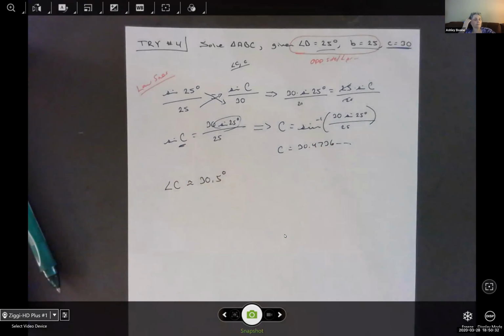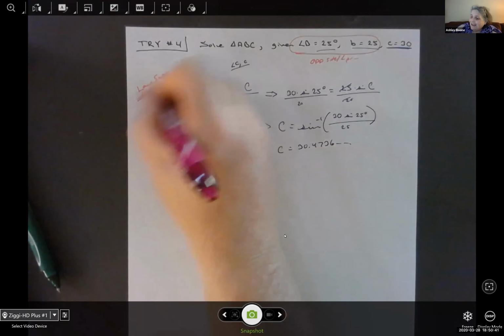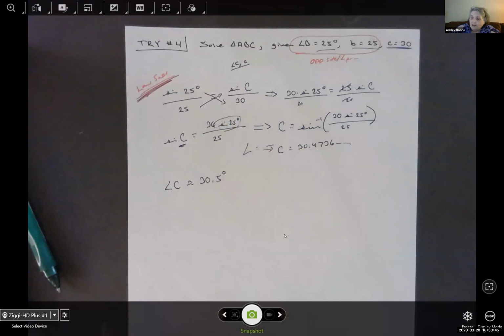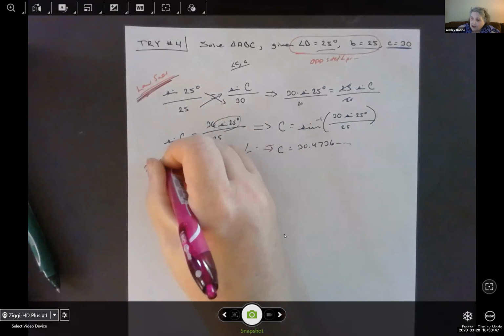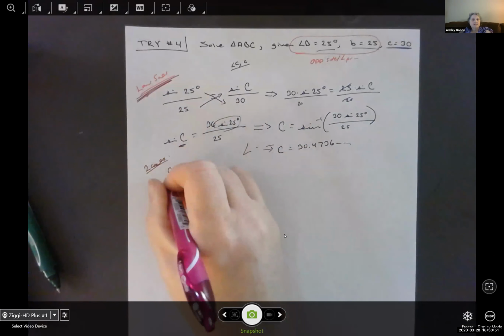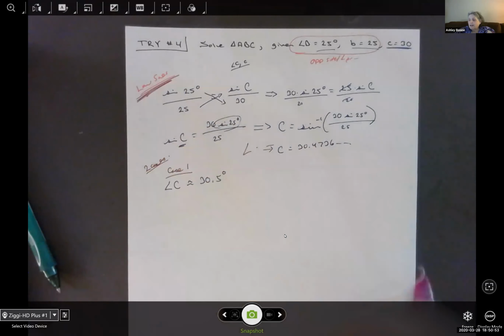Remember notation. We used law of sines to get an angle. So that means you need to look at two possible cases. Case one is angle C is 30.5 degrees.